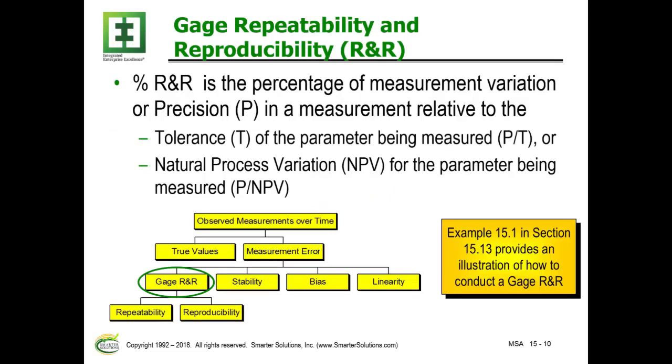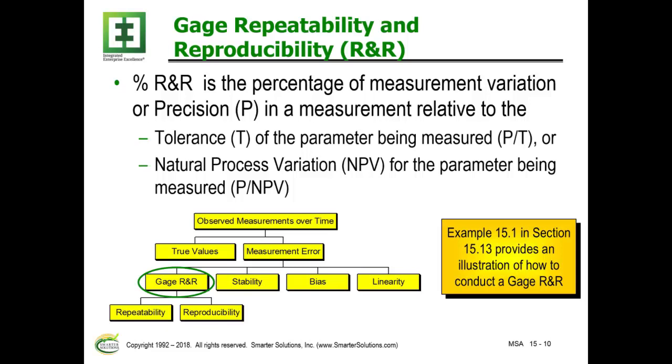Gauge R&R, or gauge repeatability and reproducibility, looks at the percentage of measurement variation, or the precision in a measurement, relative to the tolerance, or you could have natural process variability. So you have different ways of reporting it out, and that's in the gauge R&R.